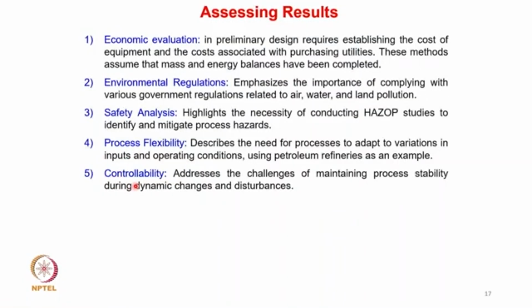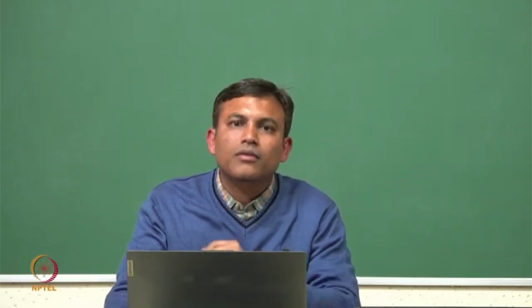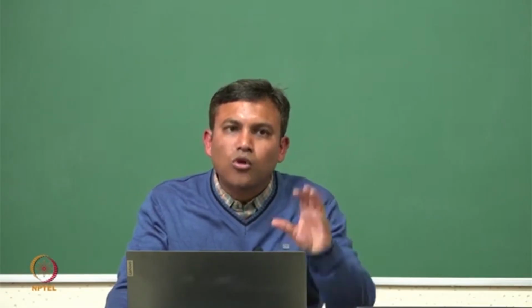The last assessing factor is controllability. So clearly it addresses the challenges of maintaining process stability during dynamic changes and disturbances. As I said, very often what happens is, if you take an example of crude oil fractionation, sometimes the crude oil arrival gets delayed.